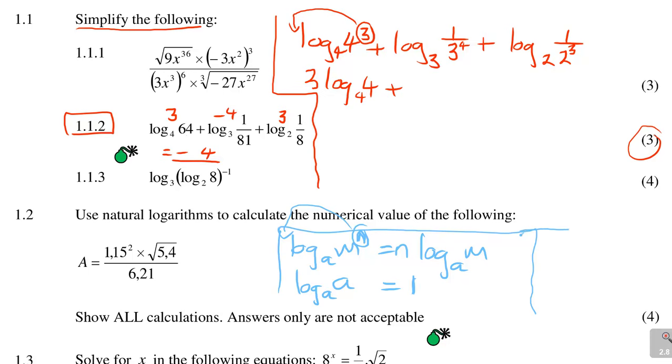There is another law which says if I'm given log of 1 over, for example, a to the power of m, see that is equal to, I can write this with the laws of exponents. Remember, it's the same as log a to the power. Now if this goes to the top, it's actually the laws of exponents.